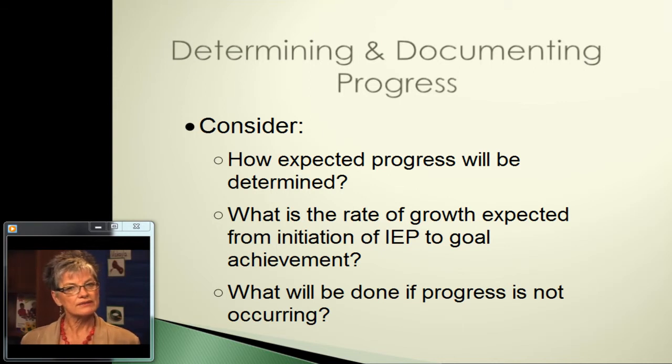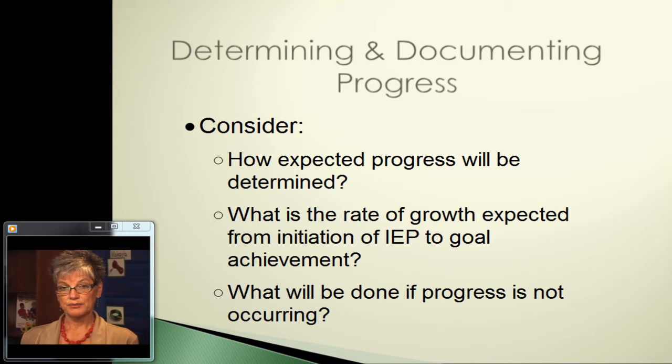We also, though, need to be talking with parents, and the IEP team, about what we are going to do if we're not seeing progress. Do we need to call a whole IEP team again? Or if we've talked about it thoroughly at the IEP meeting with the parent, maybe we only need to pick up the phone and say, we talked about this at our IEP meeting.